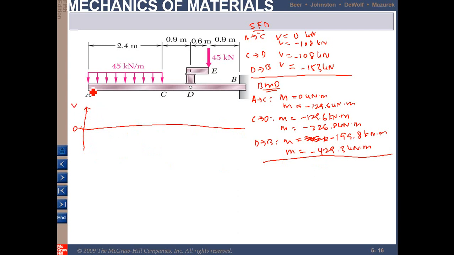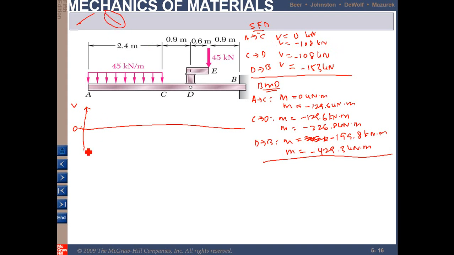Okay, so from A to C, because it is a UDL, a uniform distributed load, this uniform distributed load will cause an inclined shear force diagram. So it is either inclined like this or inclined like this. But because you got this from A to C, this one is equal to 108 minus 108, so definitely it will be declining downward like this.